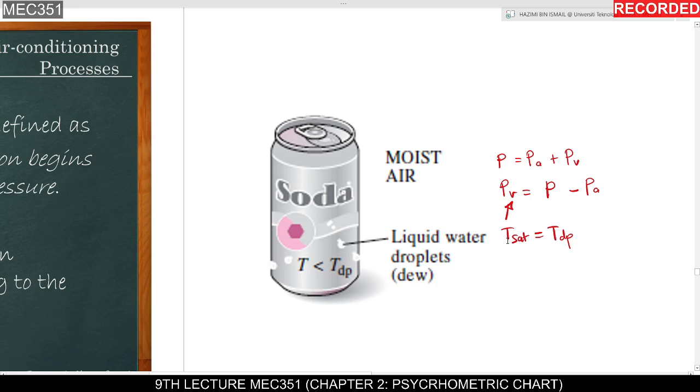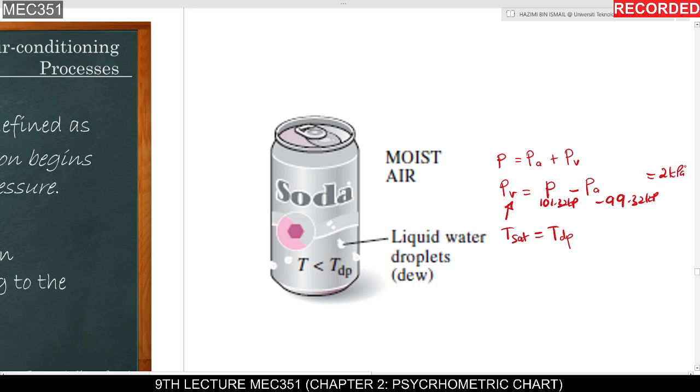So let's say the atmospheric pressure here is 101.32 kPa, right? So let's say PA is 99.32 kPa. So PV will be equal to 2 kPa.